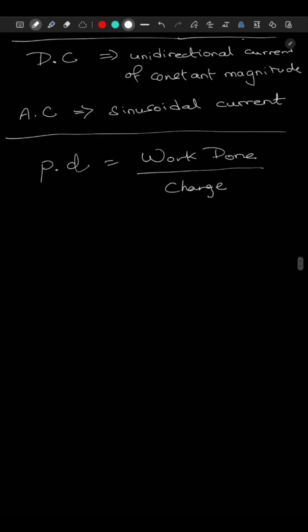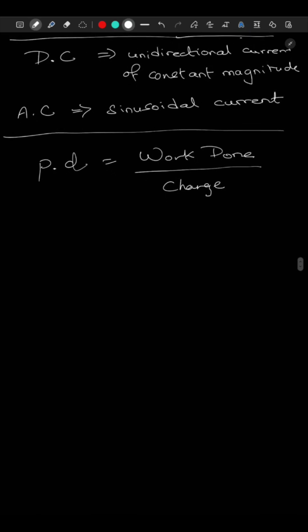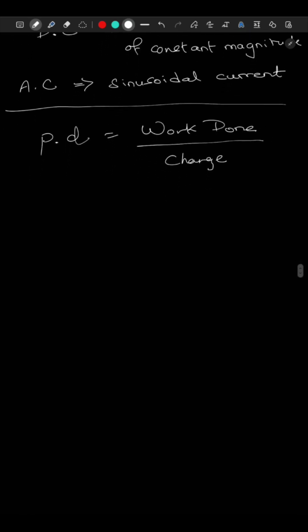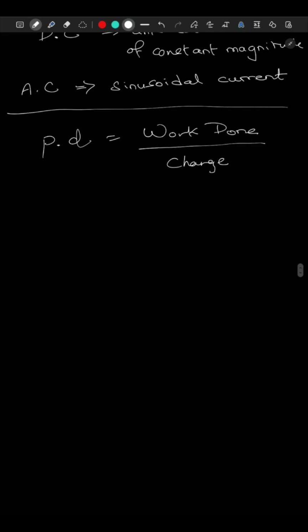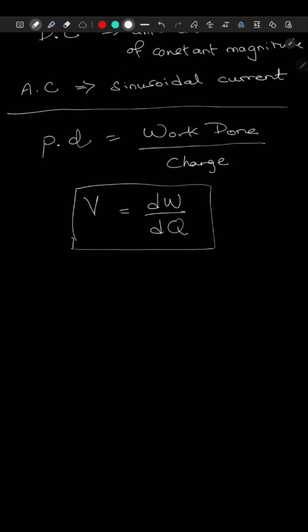It is also called a potential drop or a voltage drop. So it is just a potential. Potential means from two different points. We can also define this as dW divided by dQ. So this is the voltage, the potential difference. It is a change in work divided by the change in the charge.